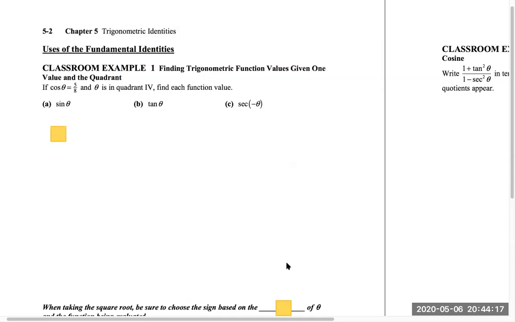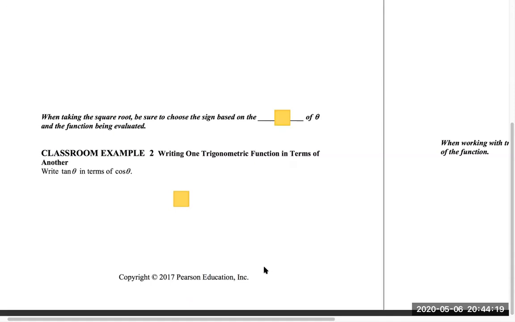So for this particular box, when taking the square root, be sure to choose the sign based on the quadrant of theta and the function being evaluated.